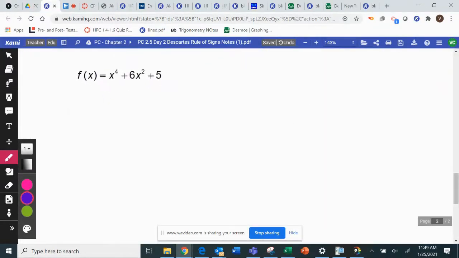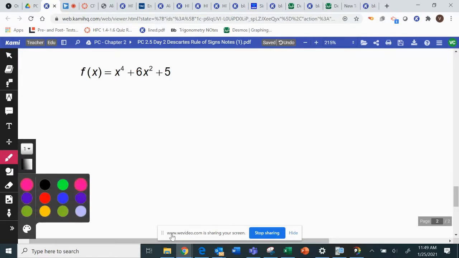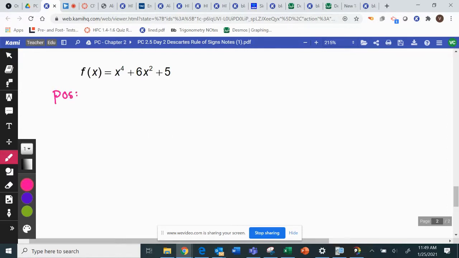We're going to determine the positive, negatives, real, and then we're going to find the zeros. So for positive, we need to look for sign changes from left to right.